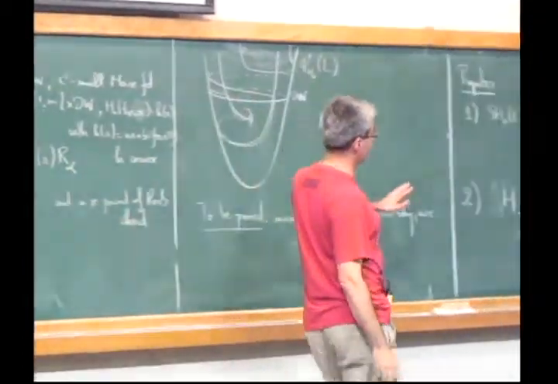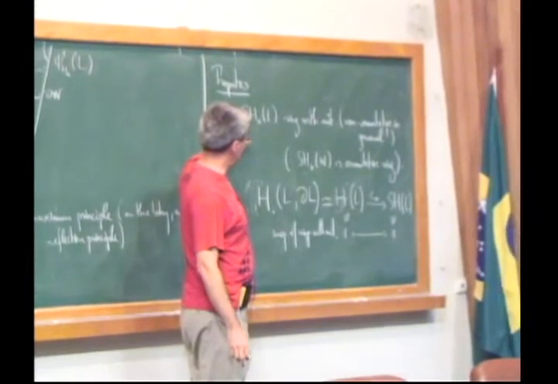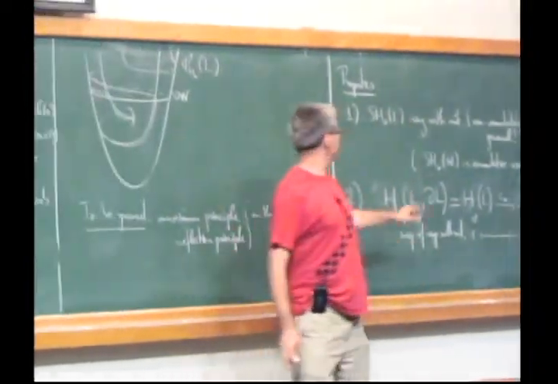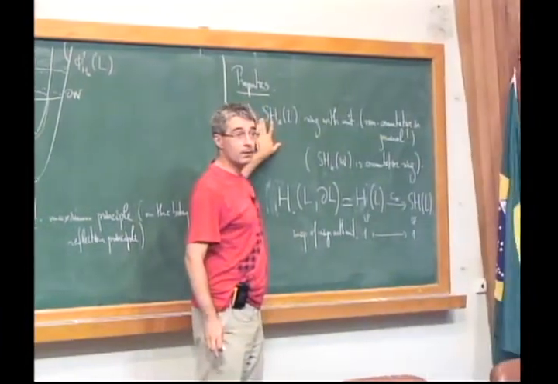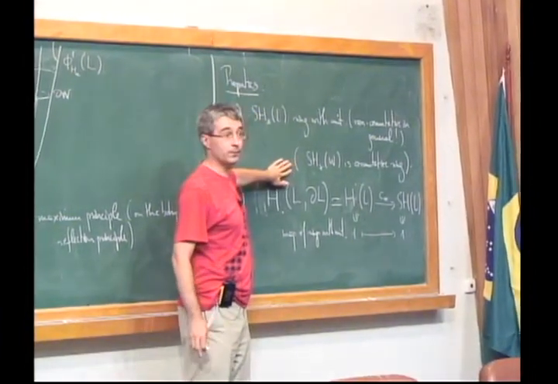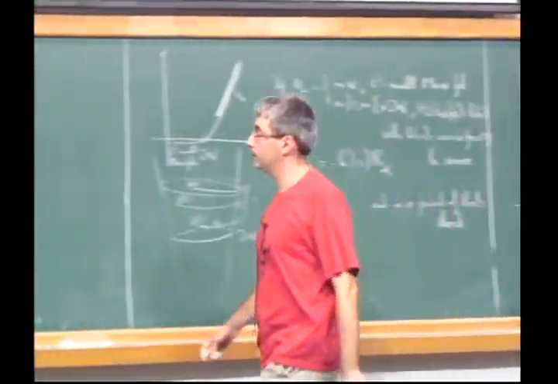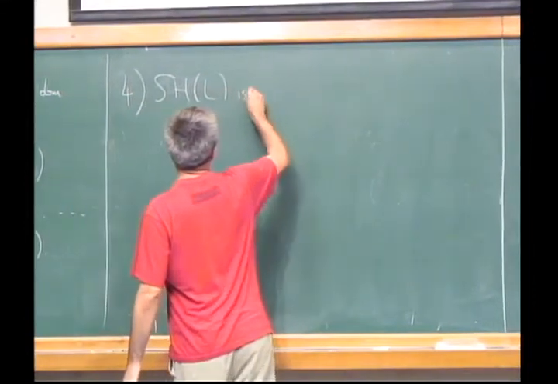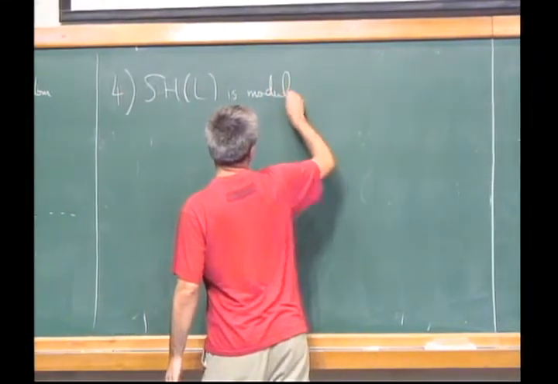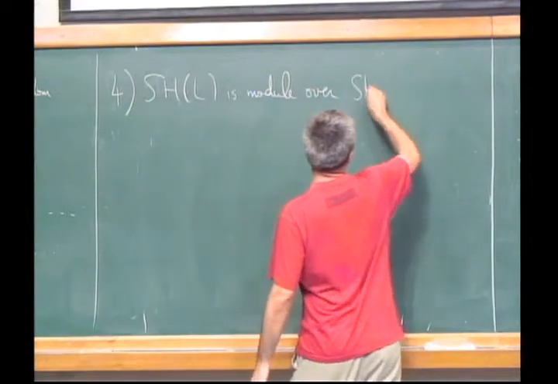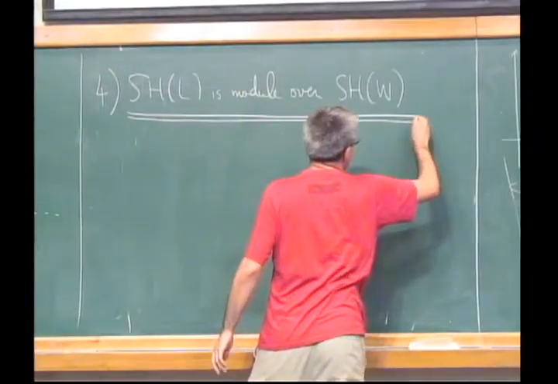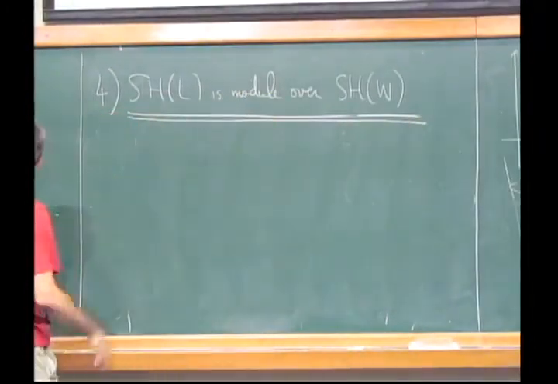So this guy is a ring with unit. Symplectic homology is a ring with unit. And this one is a module over SHW.